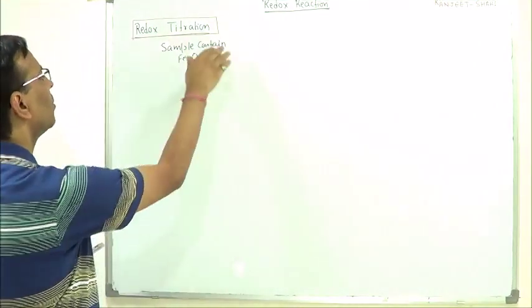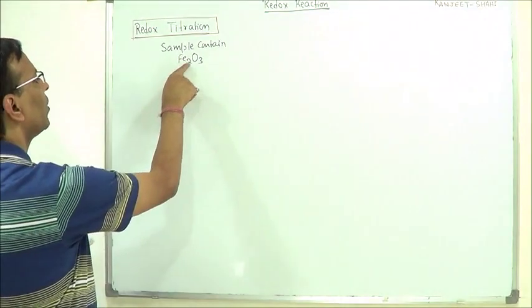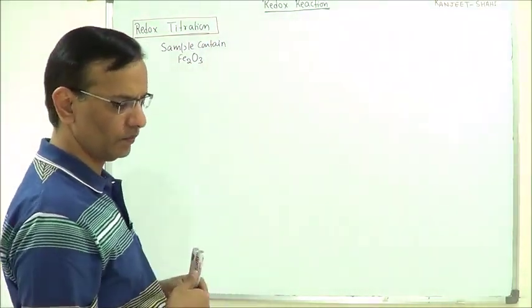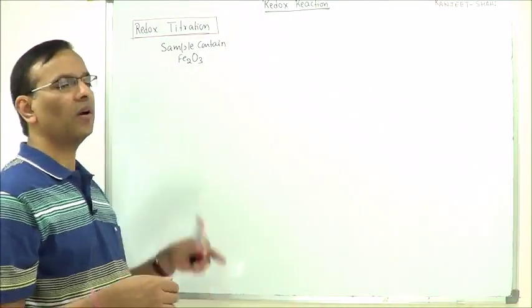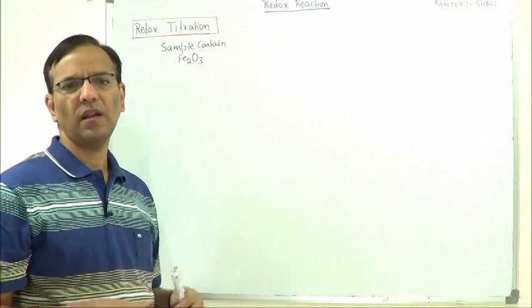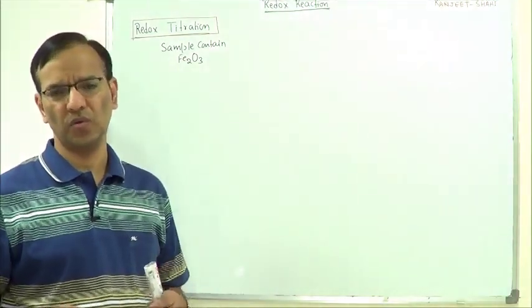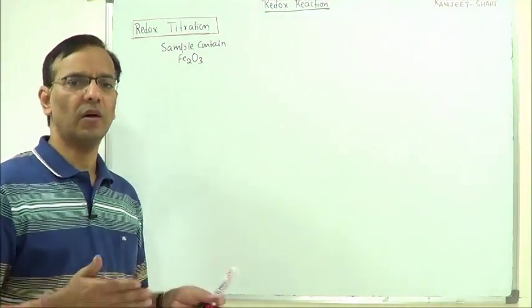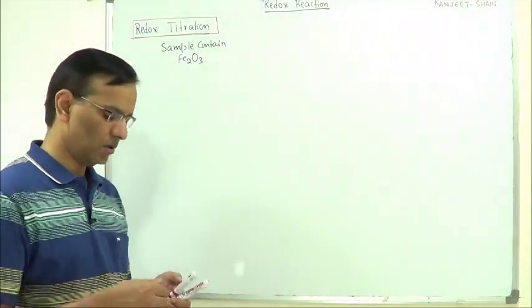So our job is to determine the mass of ferric oxide in a given mass of sample. In the sample, besides this ferric oxide, there are some impurities also which we will assume are inert in redox reaction. They do not participate in redox reaction.